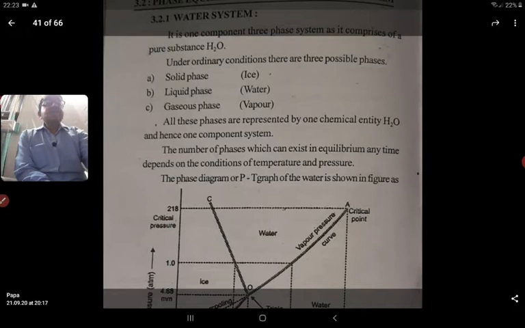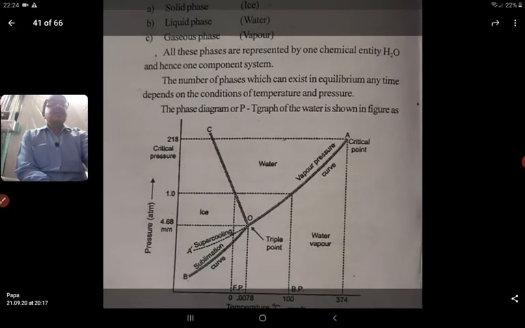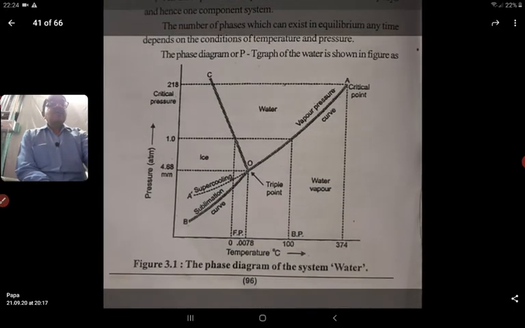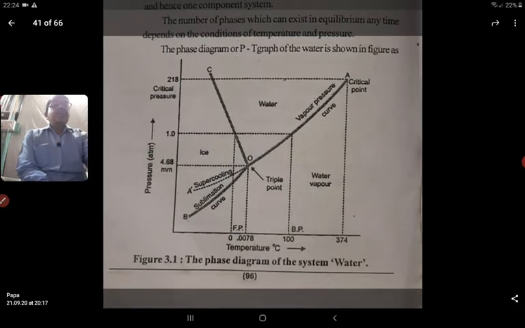All these phases are represented by one chemical entity, water, and hence we call it a one component system. The number of phases which can exist in equilibrium at any time depends on the conditions of temperature and pressure. The diagrammatic representation we have shown here in the plot form.